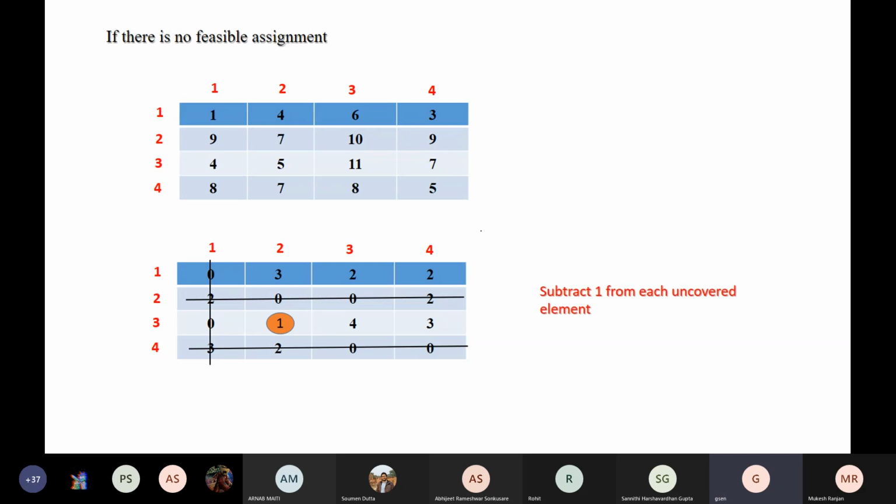So now what to do? Because now if you see, the row minimum and column minimum for all rows and columns are all 0. So Hungarian came up with some additional steps in order to tackle this kind of situation. Behind this step, again, the mathematical explanation is more complex, so if you're interested you can read it from the textbooks.